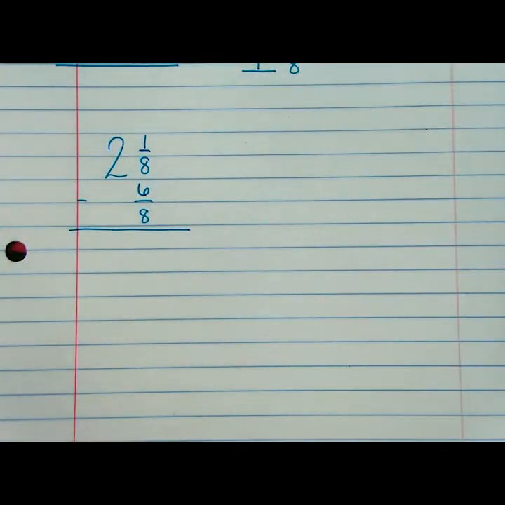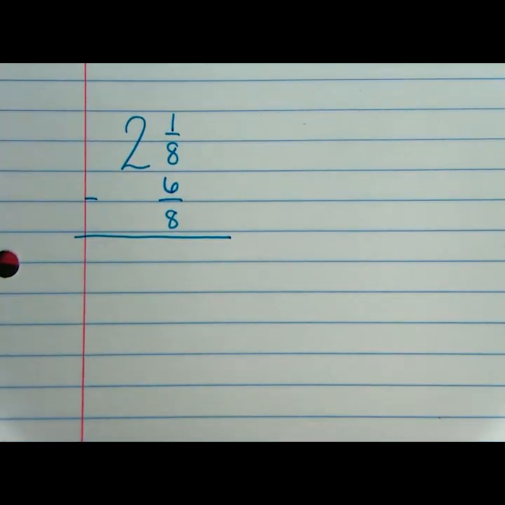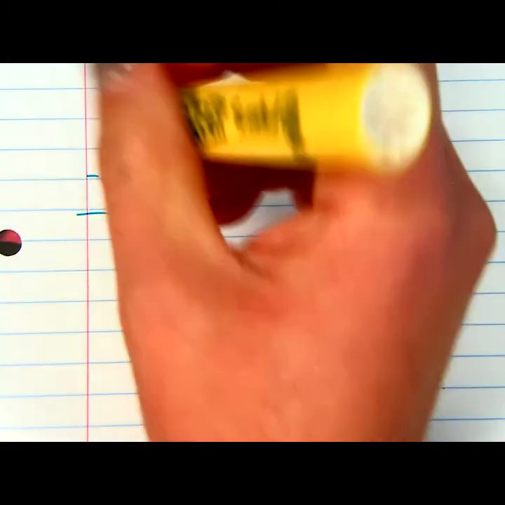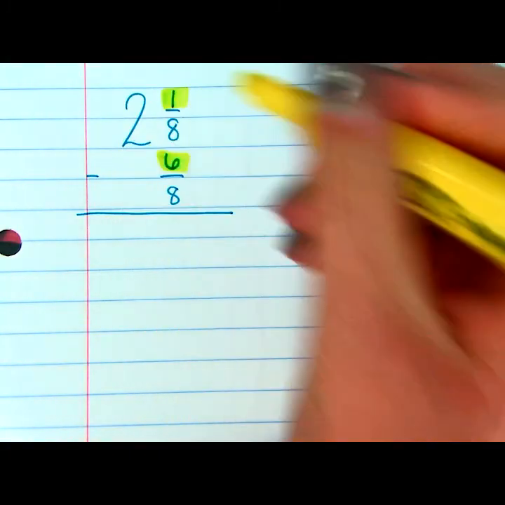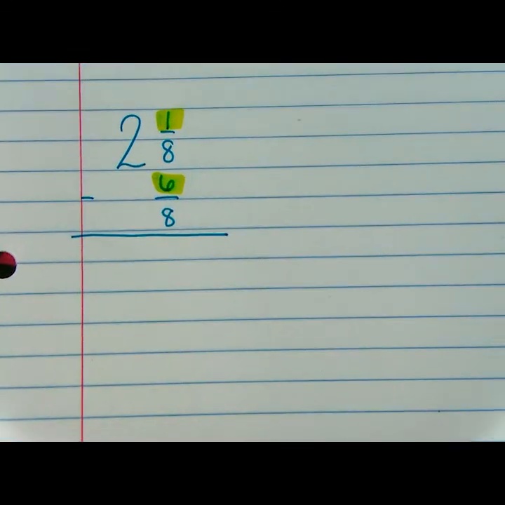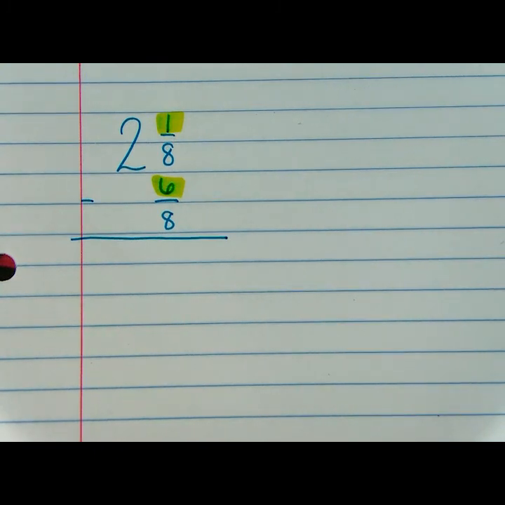I need you guys to really focus in for a moment for me. I still start with my fractions. However, I cannot take 6 away from 1. 1 minus 6 will not work. So now I have to regroup, and this is a little bit different than the addition.